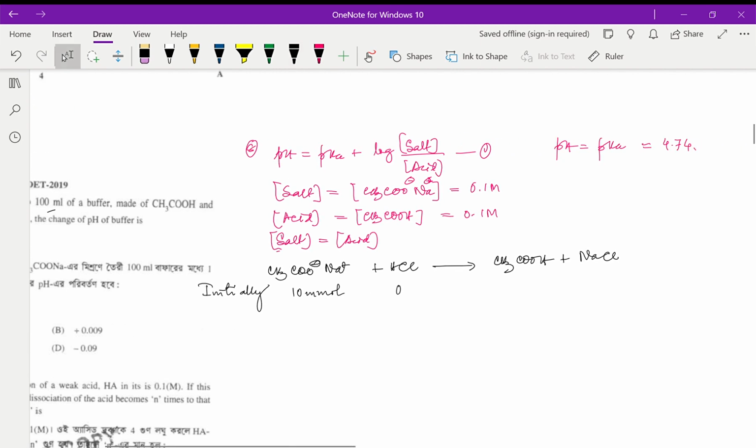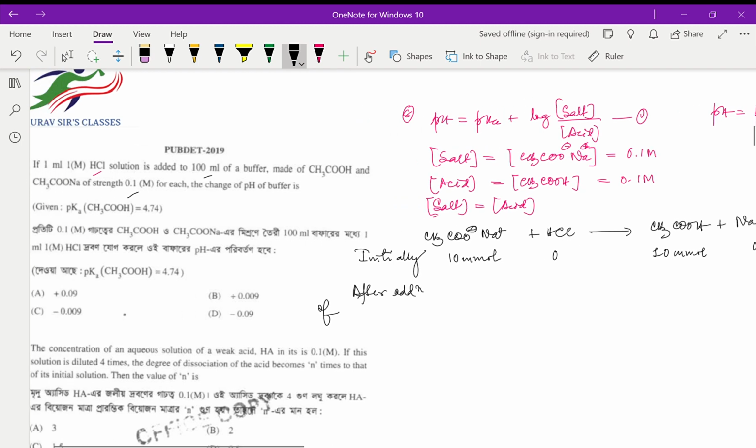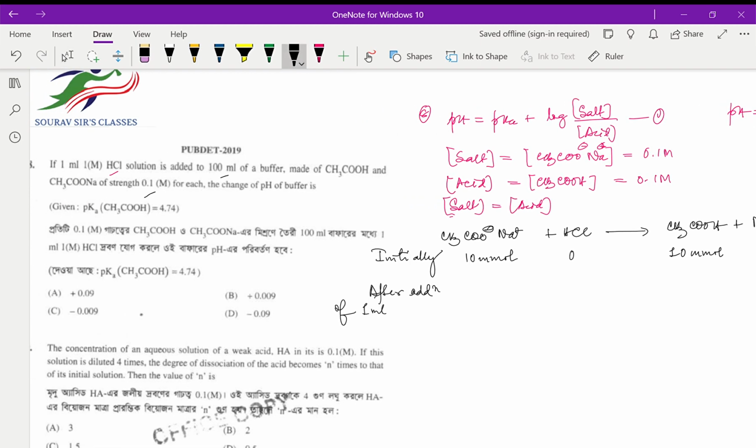And we have again 10 millimole of the acid, and that also is 0 for the HCl. After addition of 1 ml of 1 M HCl, what happens?